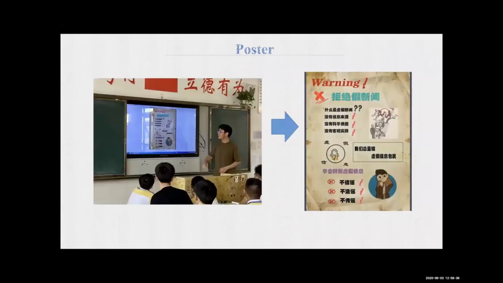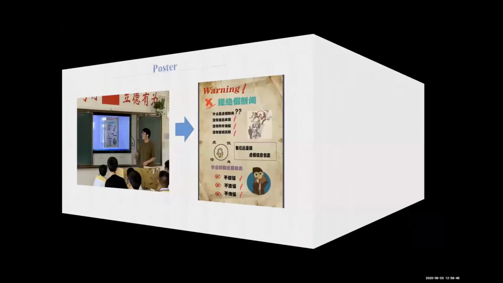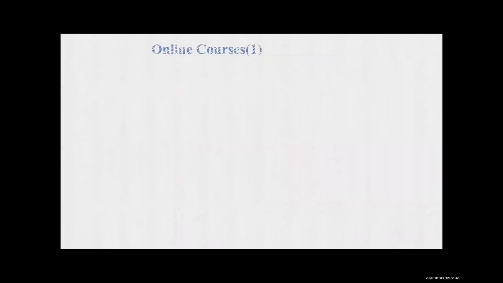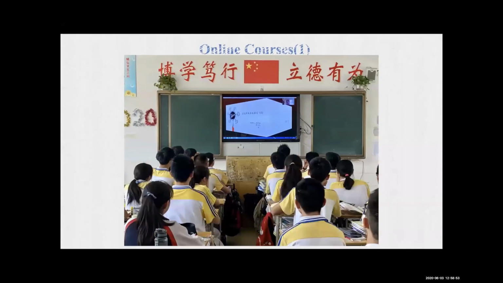For our process of online courses, firstly, our collaborator presents the poster we made to the students. He explains the aim and importance of identifying fake news for high school students. After discussing with our collaborator, we create a series of online courses which contain 4 parts.